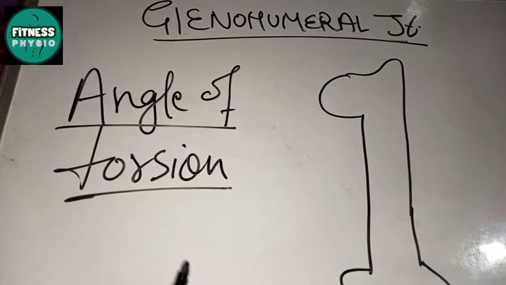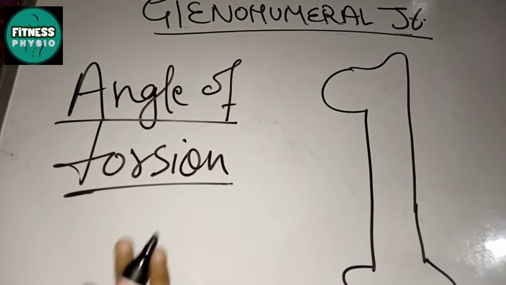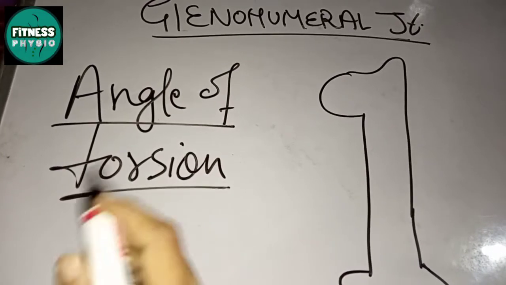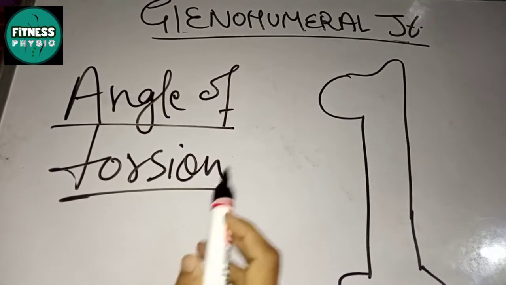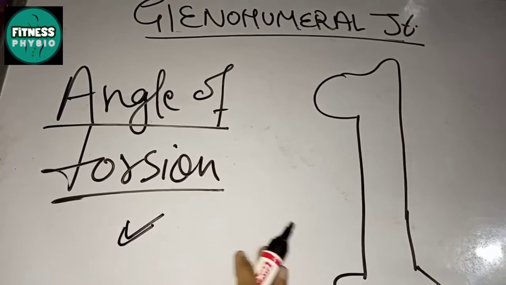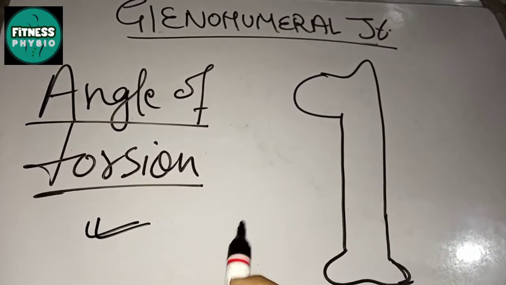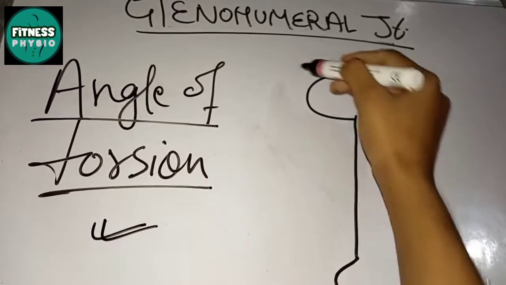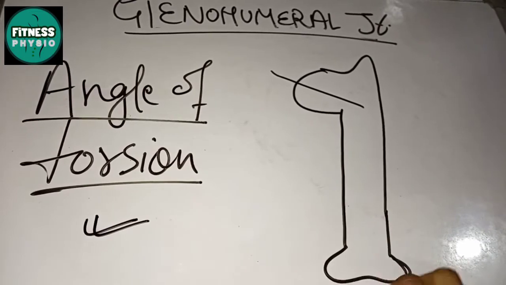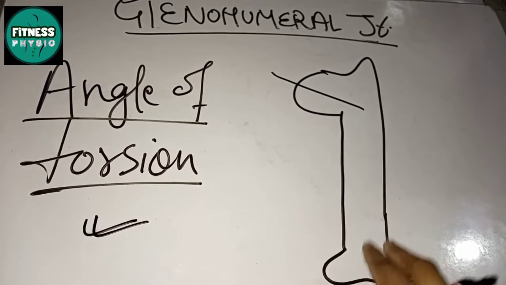Now the next important topic is the angle of torsion. Like the angle of inclination, there is another angle in the GH joint, which is the angle of torsion. Let's see what it is. It is the angle formed between the axis of the head and neck and the axis through the condyles of your humerus.